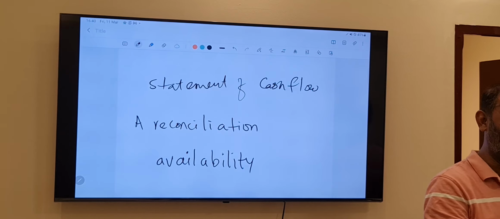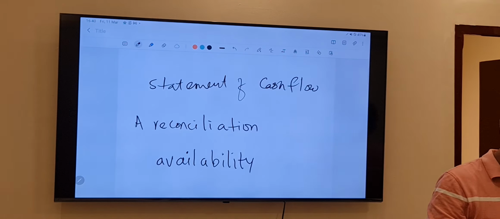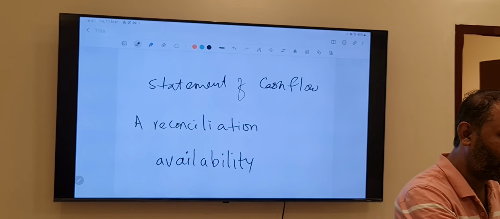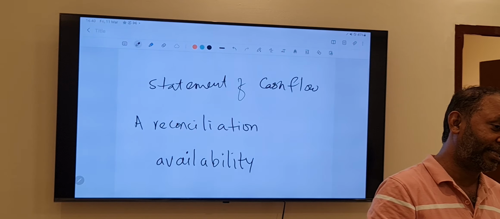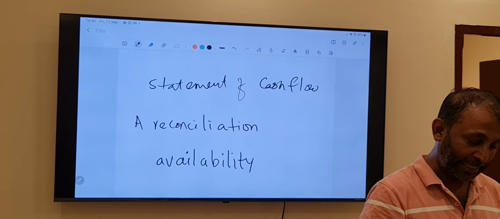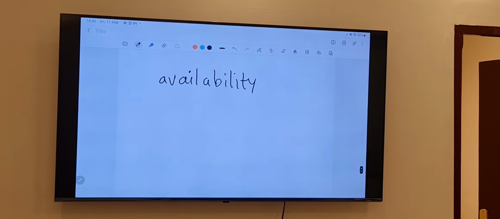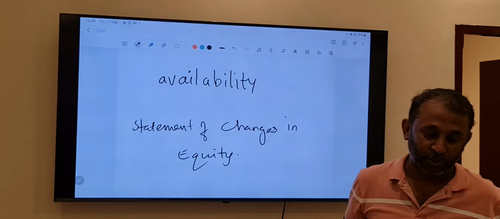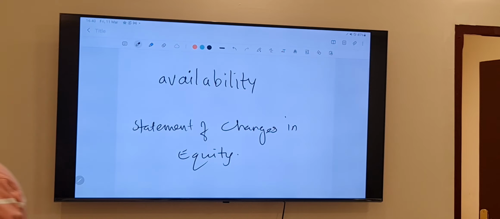That's another story. We talked about the statement of cash flow. The fourth one is the statement of changes in equity.